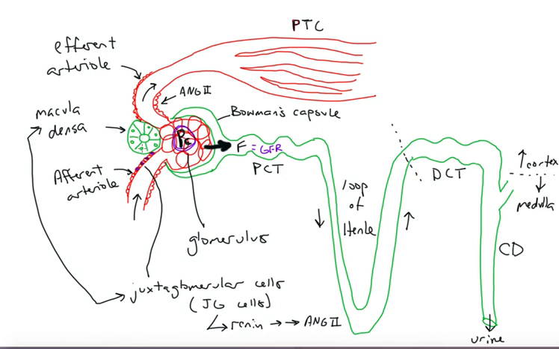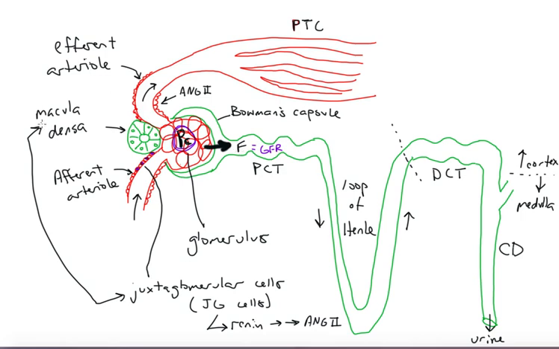The macula densa directly dilates the afferent arteriole, which, guess what, increases PC, right? You open this up and allow the pressure to enter the glomerular capillaries, then the pressure there rises and filtration goes up. And that is a lot of controlling what's called single nephron GFR, SNGFR.